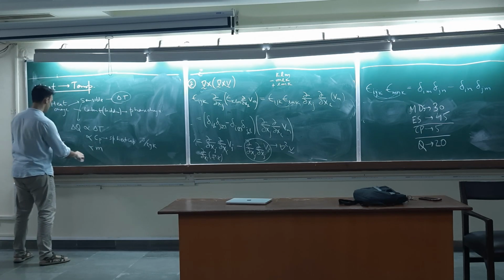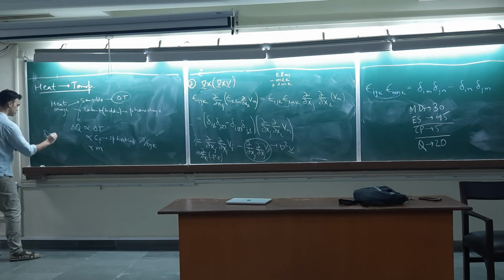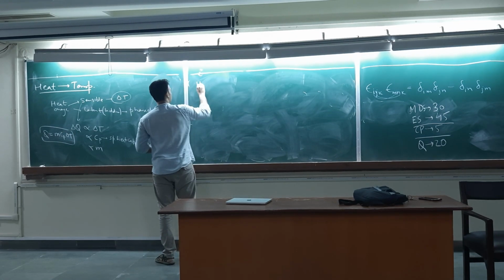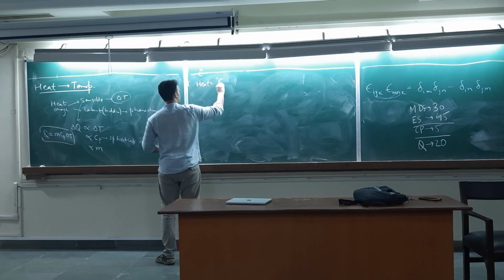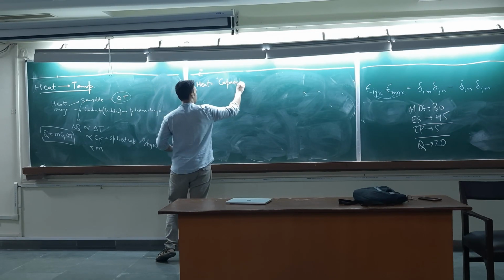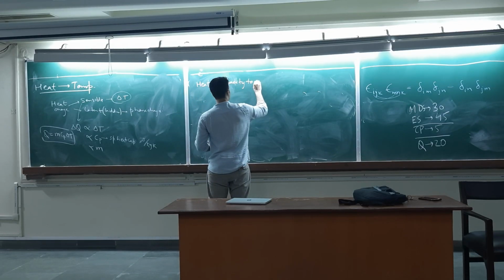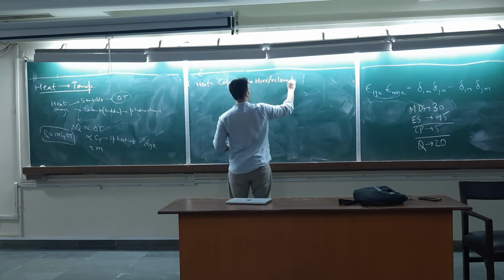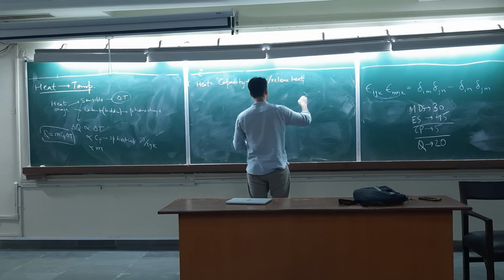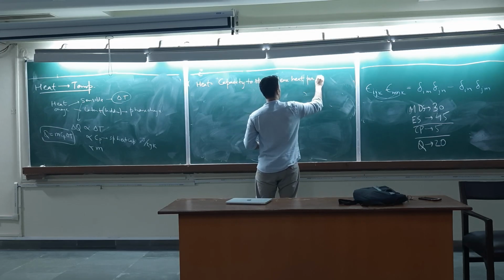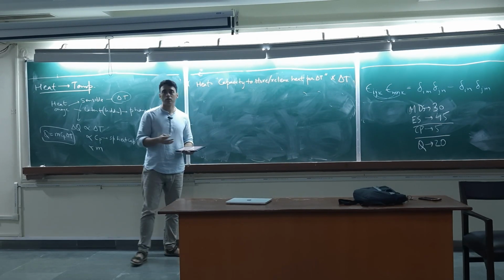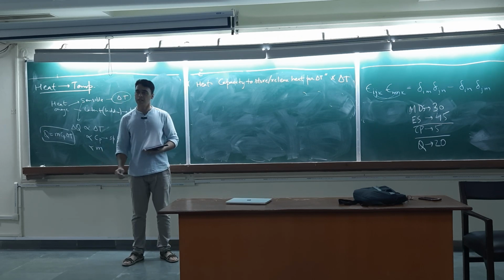So with this one can write Q is equal to the capacity to store or release heat per delta T, multiplied by delta T. Yes, that would give you the heat.